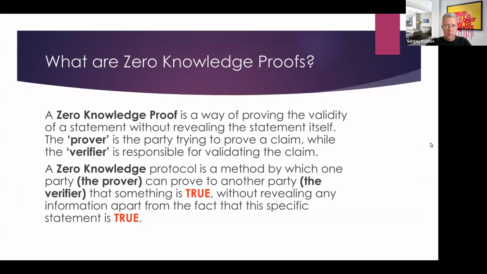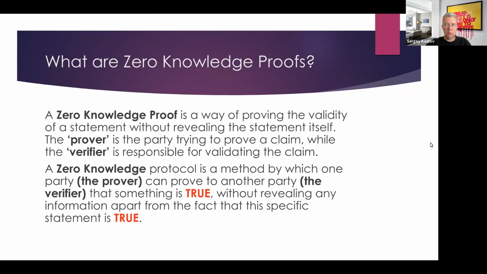Actually, it is a way of proving the validity of a statement without revealing the statement itself. It means that we have two parts: the prover, the party which is trying to prove something, and the verifier, which is responsible for validating the claim.